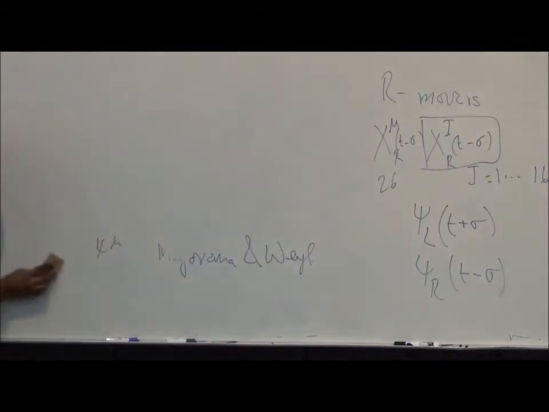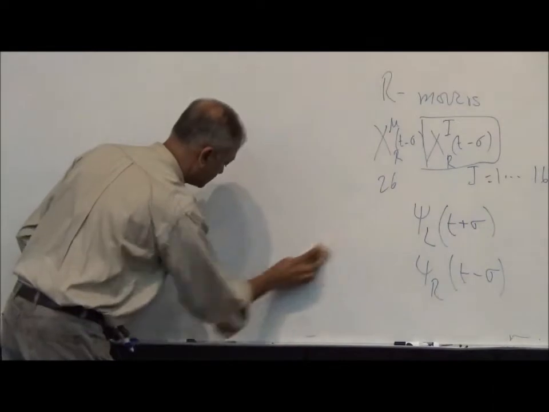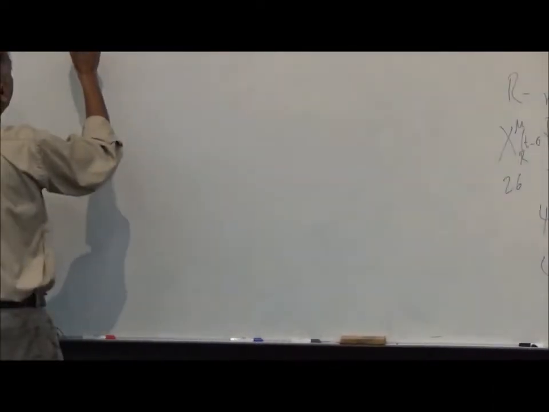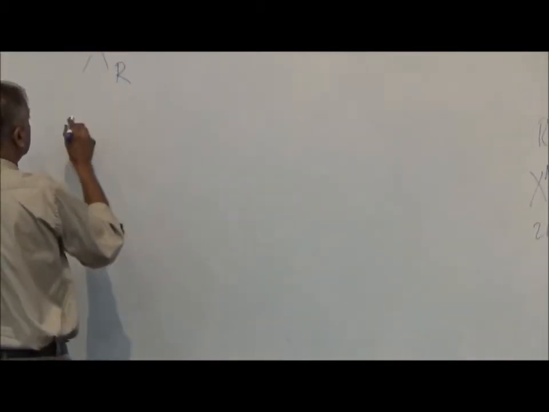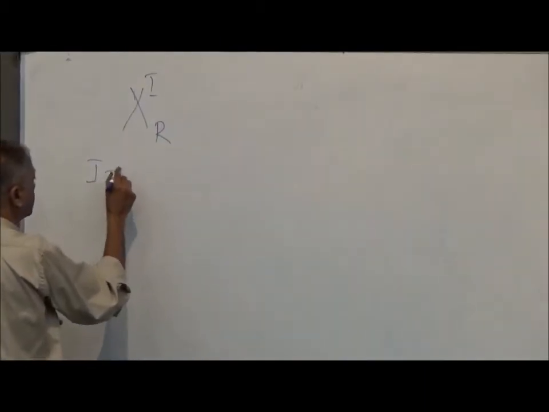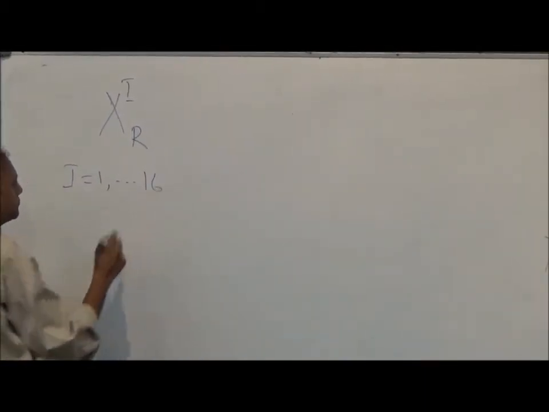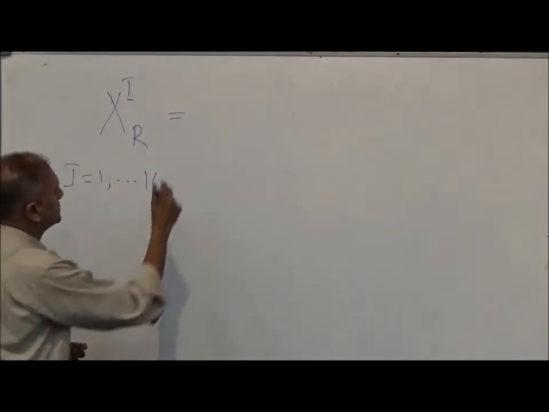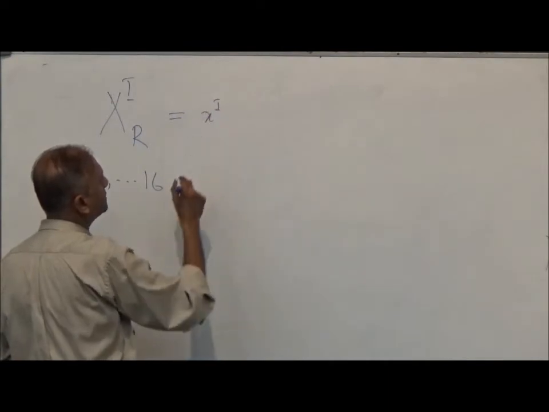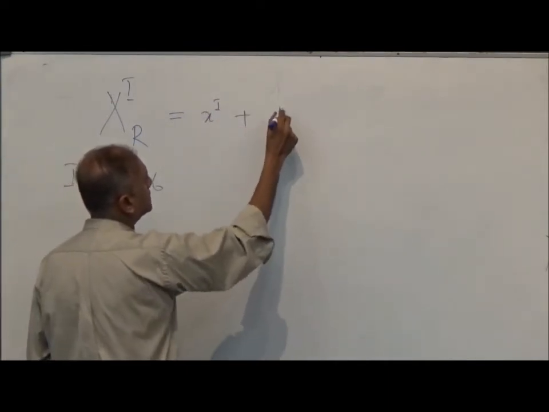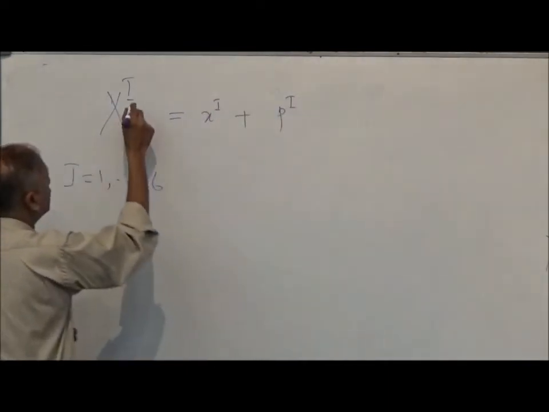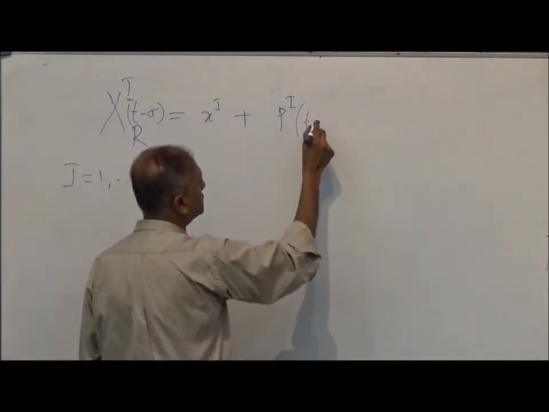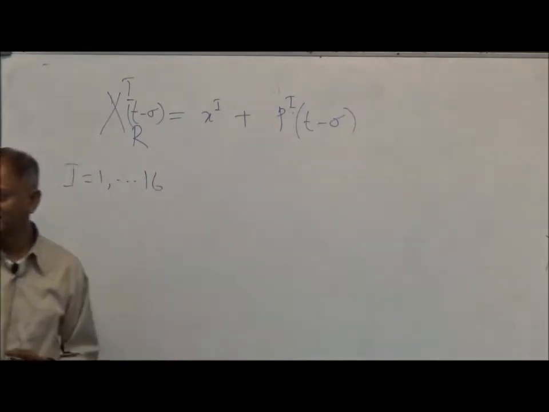Okay, so let's write down for x^I right. Those were the 16 extra directions, which are only right modes. So what will be its mode expansion? Well, there will be some zero mode x_0 plus some linear terms, but now notice that this is only a function of t minus sigma. So this object must also depend on t minus sigma, not just t.